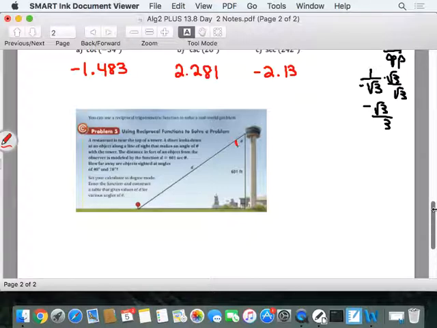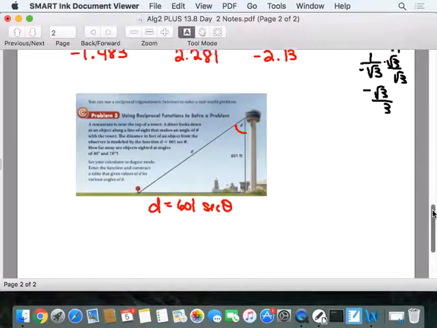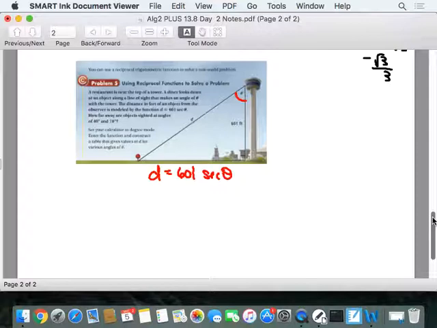It's up here in the top right. The distance in feet of an object from the observer is modeled by the function d equals 601 secant theta. It says how far away are objects sighted at angles of 40 degrees and 70 degrees.